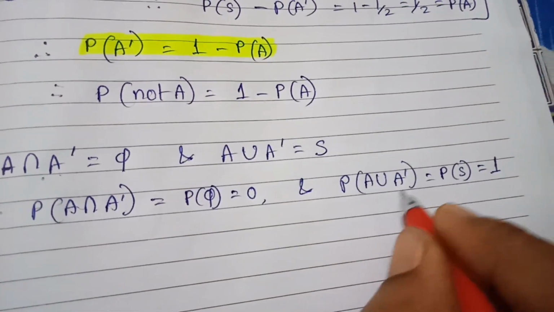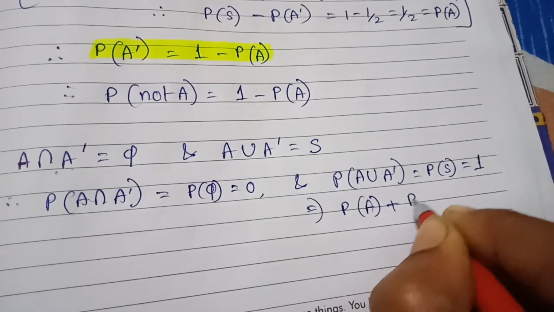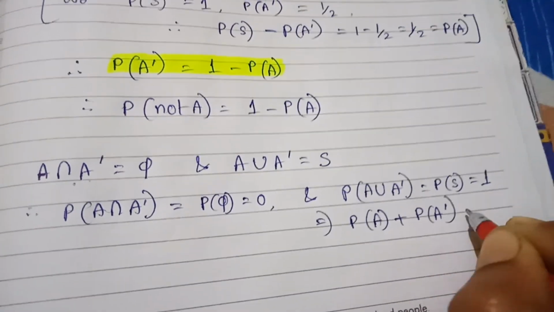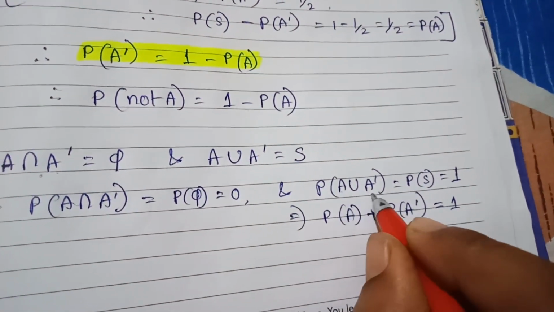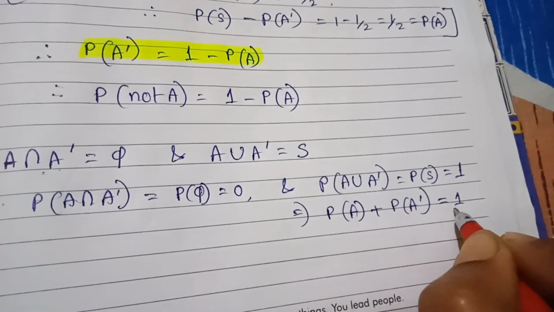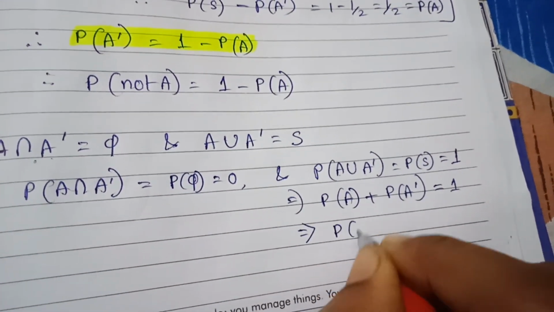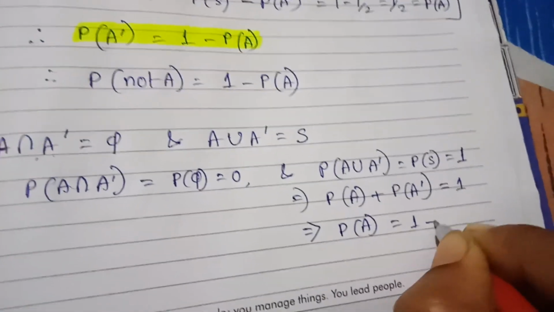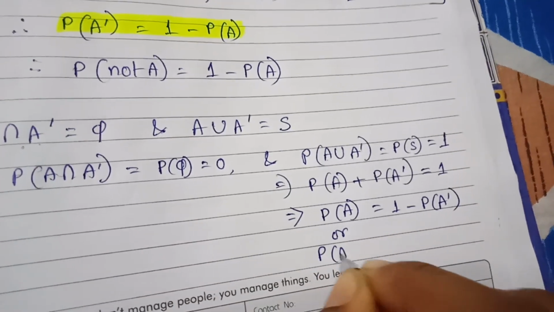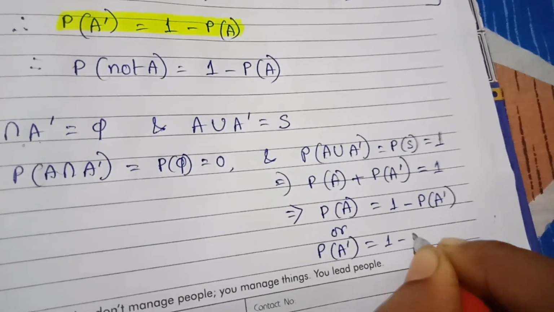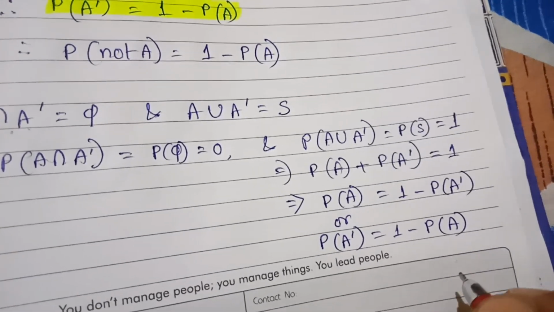So from this, we can say P of A plus P of A prime equals to 1, because these two are mutually exclusive. Therefore, P of A equals to 1 minus P of A dash, or P of A dash equals to 1 minus P of A.